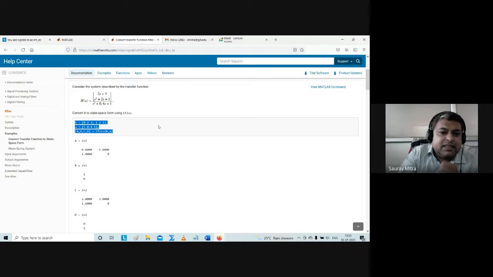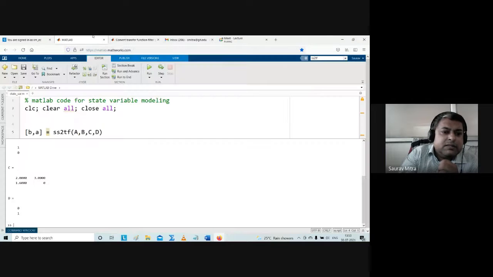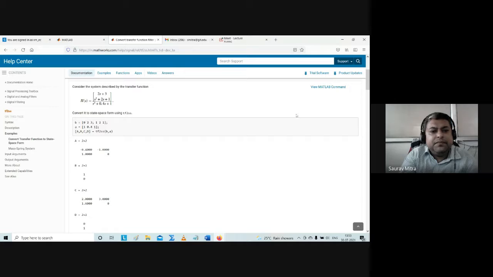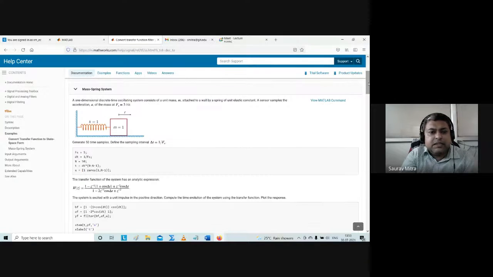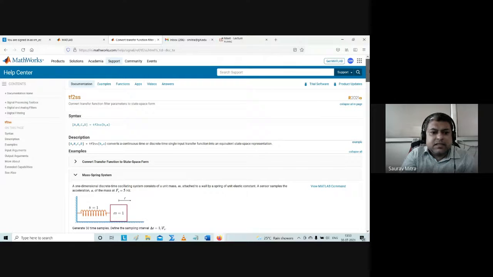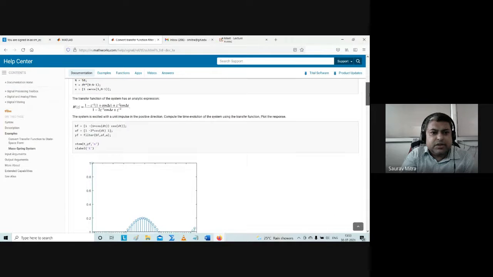In this case, whatever result I have shown you, the same result is found here in the command window. Here you can find out what is H(s). This is a typical case I'm showing you.